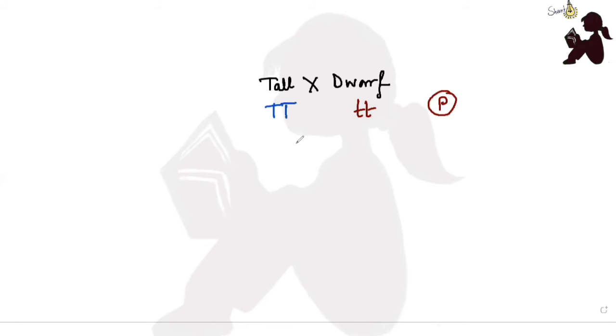Now, after the self-pollination in the F1 generation, he found all the plants are tall and they are of capital T, small t phenotype. So all of these plants are tall plants.